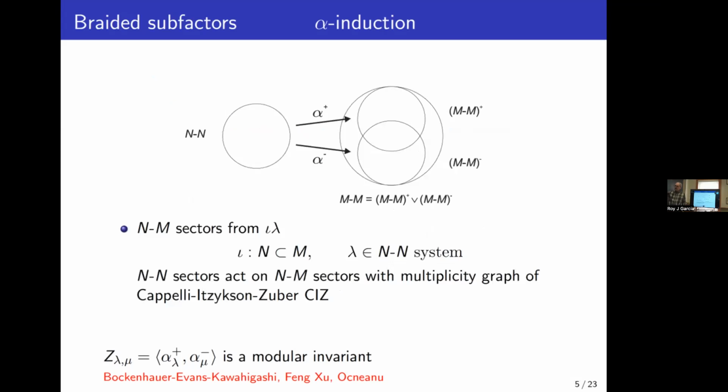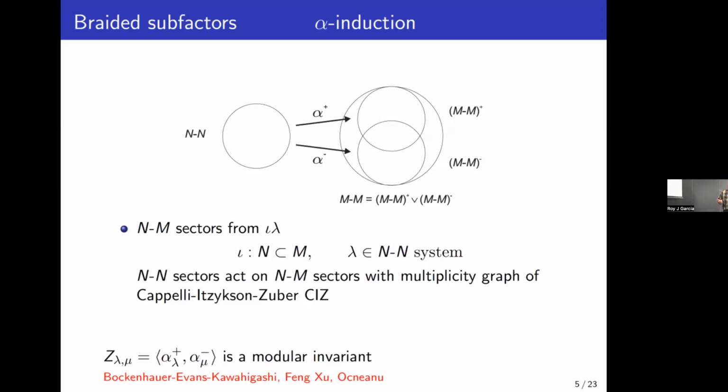Okay, there's more structure here. I took the intersection and also look at everything induced by plus and minus. That's what we call the full system. That's MM. There's also an NM system where we look at endomorphisms from N to M, which you can construct in this way, decomposing all these things into irreducibles.